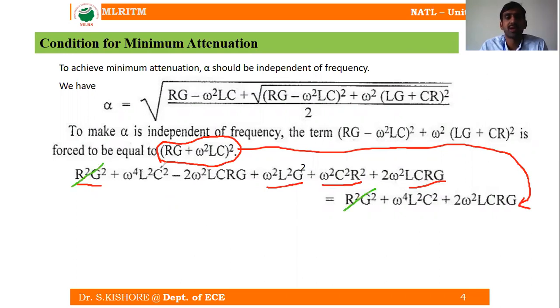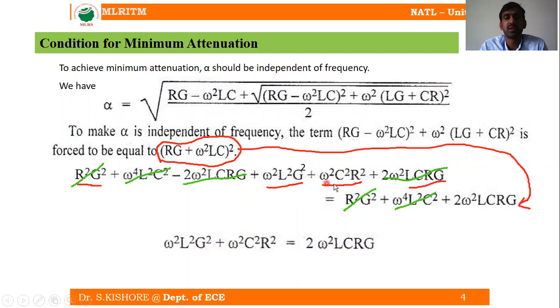Omega power 4 L square C square is there on both sides. Here minus 2 omega square LC Rg is there, and here plus 2 omega square LC Rg is there. So finally we are going to have omega square L square G square plus omega square C square R square minus 2 omega square LC Rg, which is going to be equal to this one.